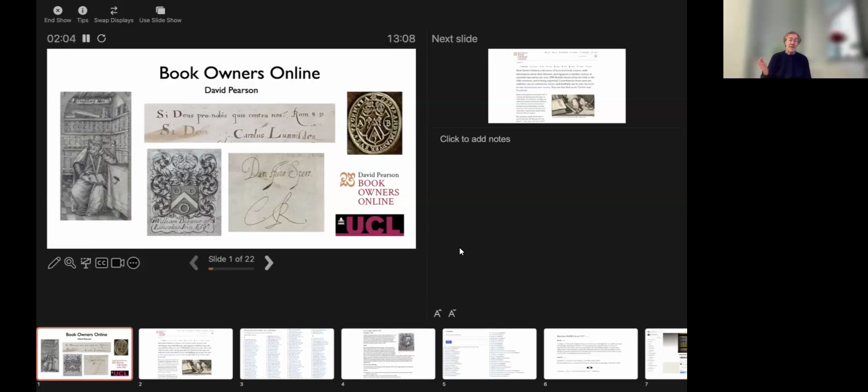And so I want to talk about this database which I created, which is something to facilitate research and study and discovery around book history, historical bibliography, that kind of area.